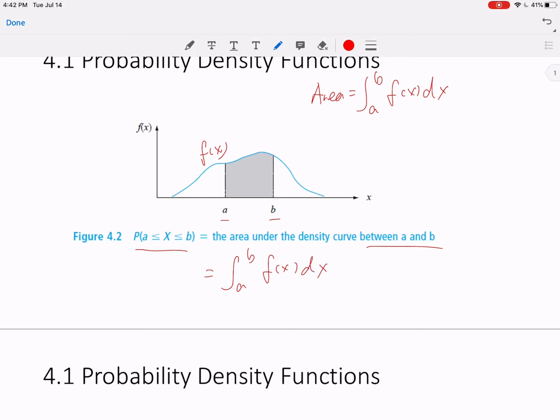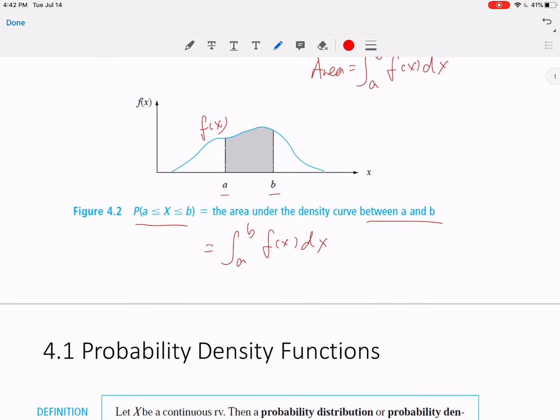And this is one of the main differences between discrete random variables and continuous random variables. For discrete random variables, if we want to find the probability of an interval, we usually do the summation, because the number of possible values in the interval is finite, and we can find the probability of each point directly from the given PMF.